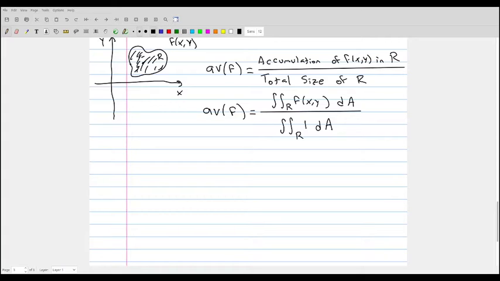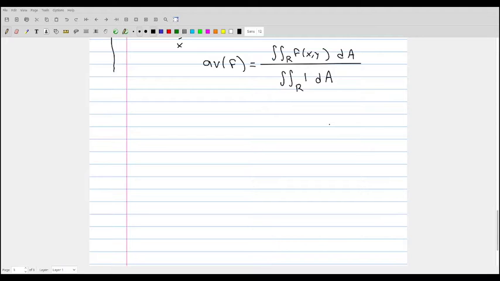Not all regions are rectangular. You have many different, more complicated regions. So this formula is more complicated if you have a more complicated region, which in general is true for the double integral and the triple integral. But using this idea, we can directly state the mean value theorem for functions of two variables.